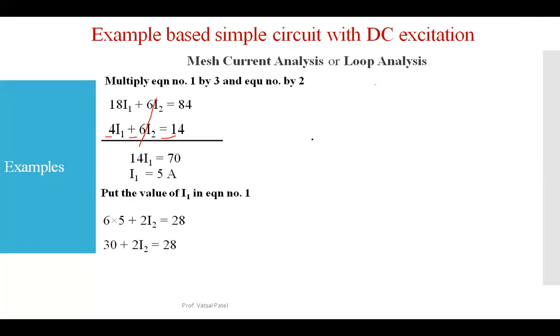So it is 30 plus 2i2 is equal to 28. When you simplify this equation, 2i2 is equal to minus 2 and I2 is equal to minus 1 ampere. Are you getting up to here?